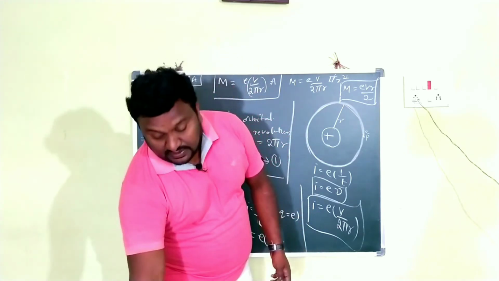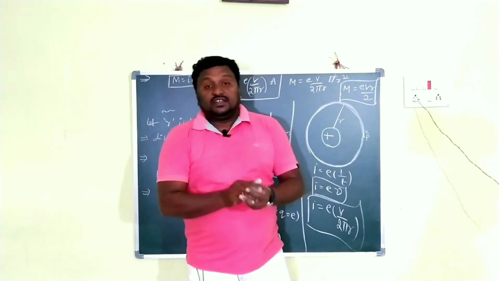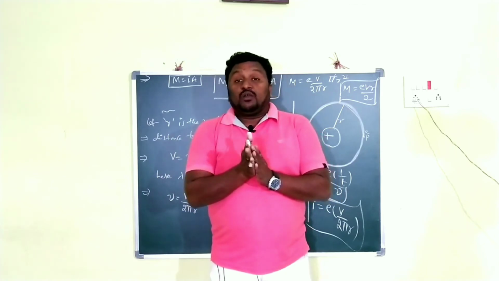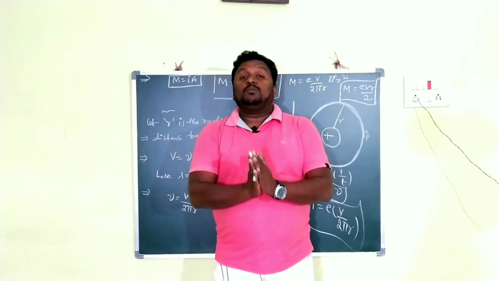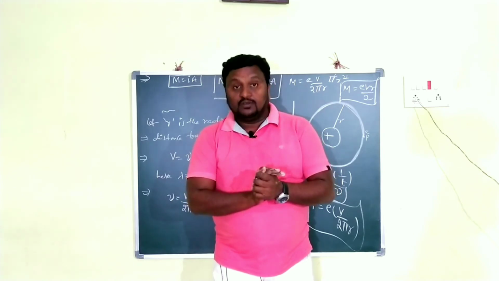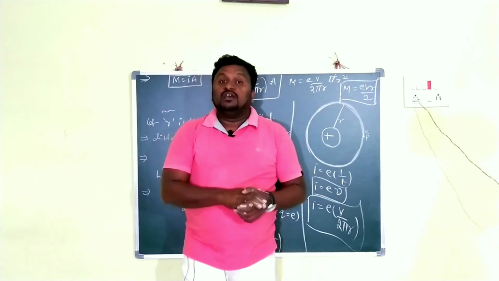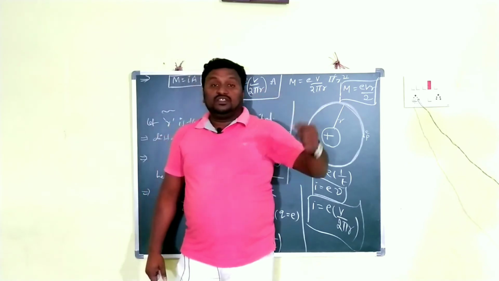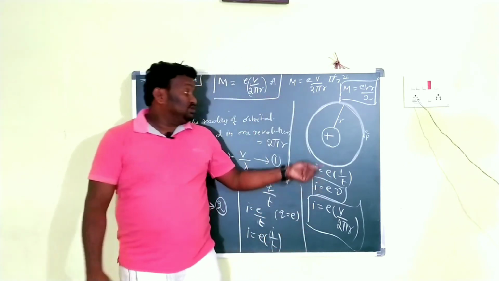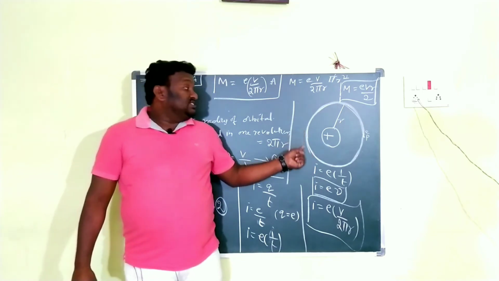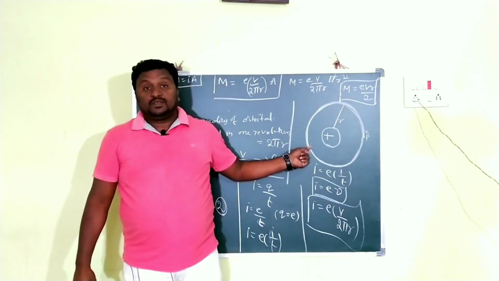Clear, children? See once again. In this case, what do we have to derive? We have to derive the expression for magnetic dipole moment of a revolving electron. For that, the first assumption is that the electron is revolving around the nucleus in a circular orbital of radius r. The radius of the orbital is r.